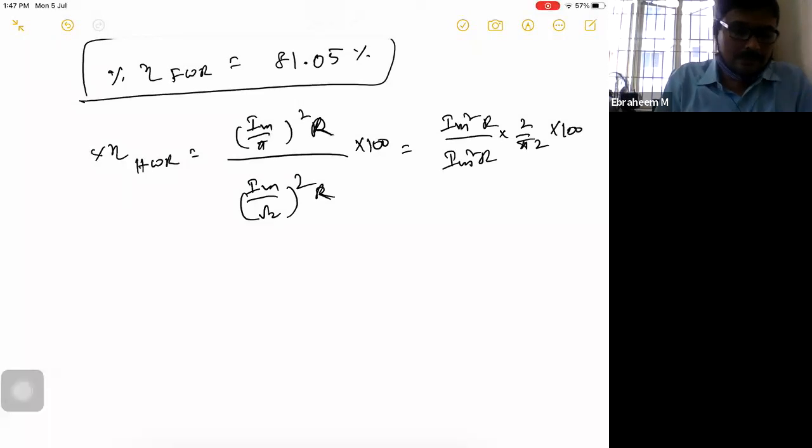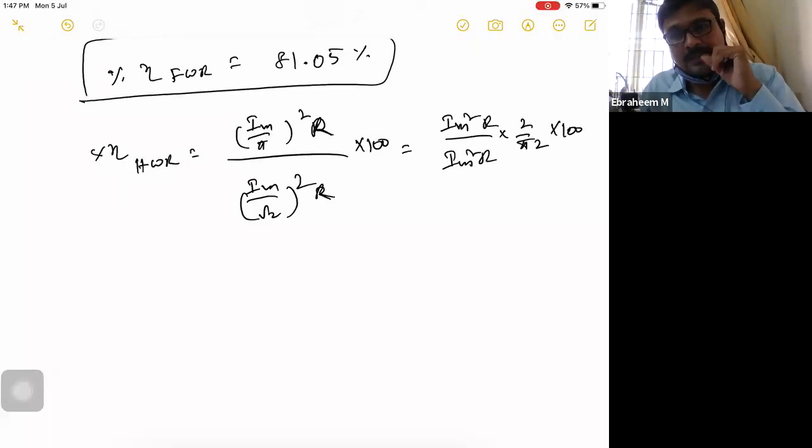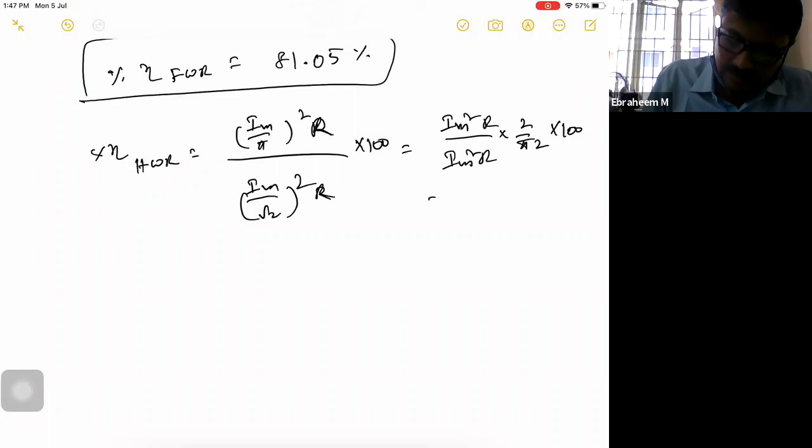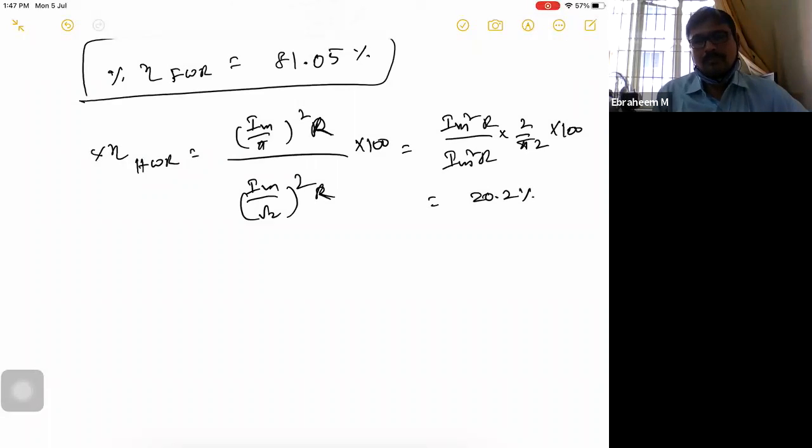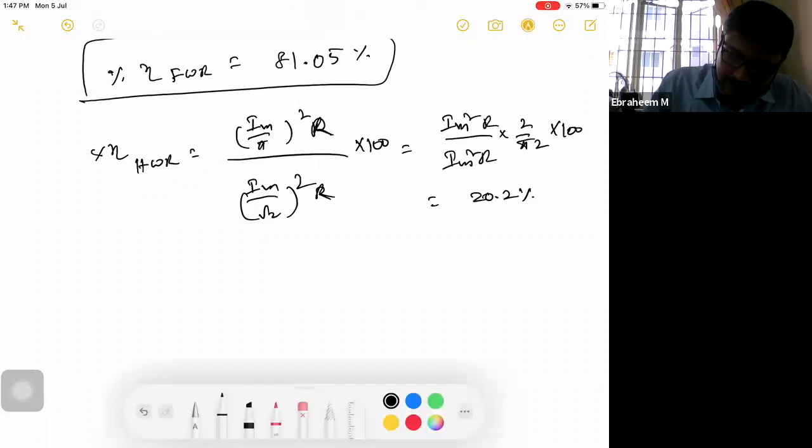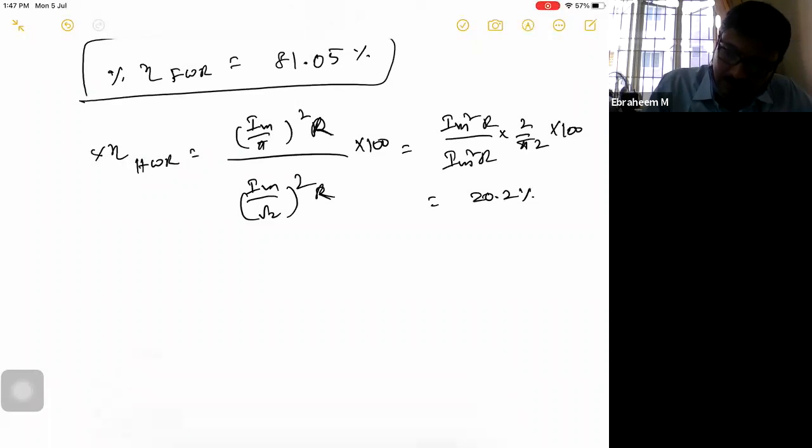So how much will you get? So this will give 20%. Okay, so we have to check it once again, whether we'll get I maximum by pi or not.